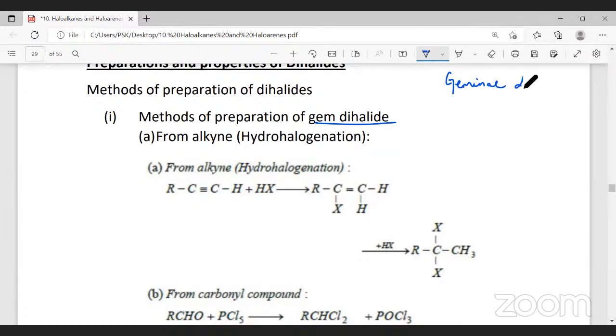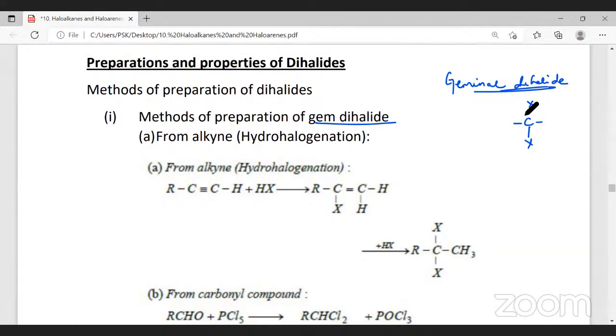Now, dihalides means two halogens. If a carbon contains both the halogen atoms, then it is called geminal dihalide. So if both the halogens are present on the same carbon atom, it is called geminal dihalide. Next is vicinal dihalide. Vicinal dihalide means the halogen atoms are present on adjacent carbon atoms.